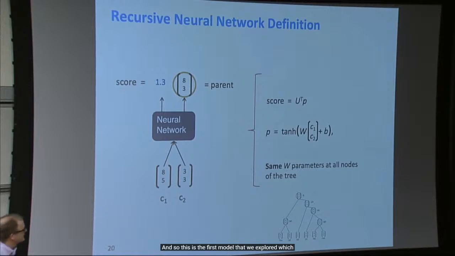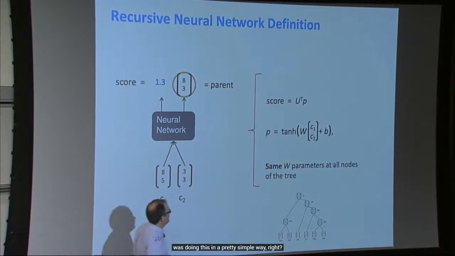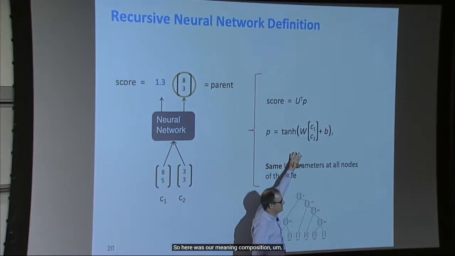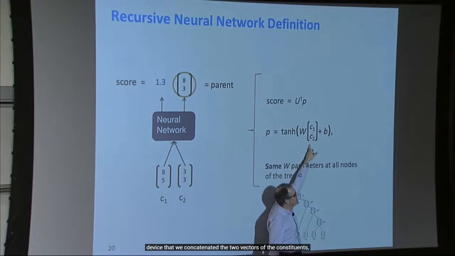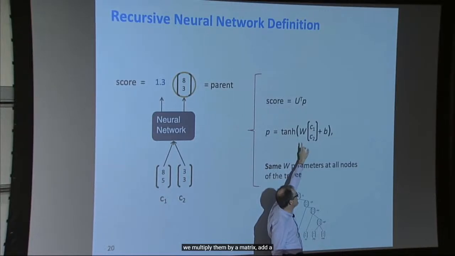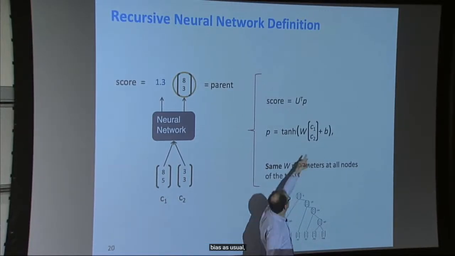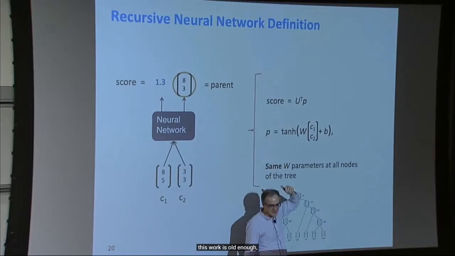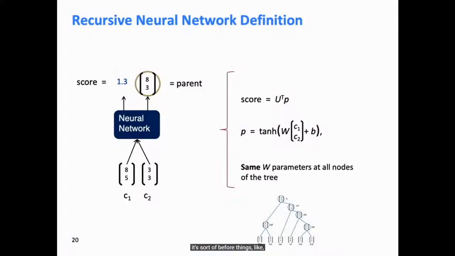And this is the first model that we explored, which was doing this in a pretty simple way. Here was our meaning composition device: we concatenated the two vectors of the constituents, multiplied them by a matrix, added a bias as usual, and put it through a tanh. This work is old enough that it's before things like ReLUs became popular, but maybe it's better to have a tanh anyway, but more like a recurrent neural network. And so this was our meaning composition.